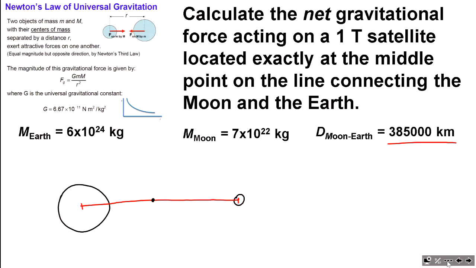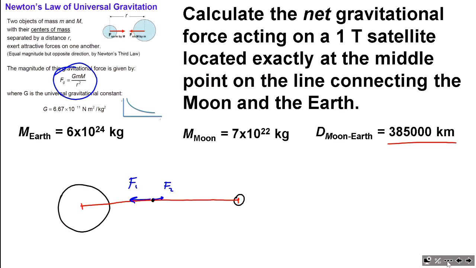2. The Earth attracts it back to it. This is force number 1. And the Moon, actually we can tell immediately what the direction of the net force should be. If we look at Newton's law for gravity, it depends on masses and distance.